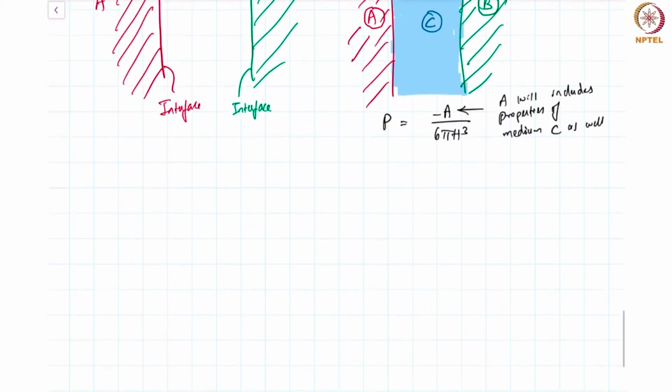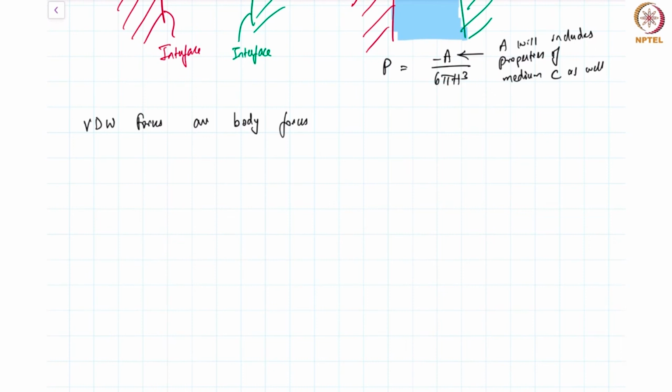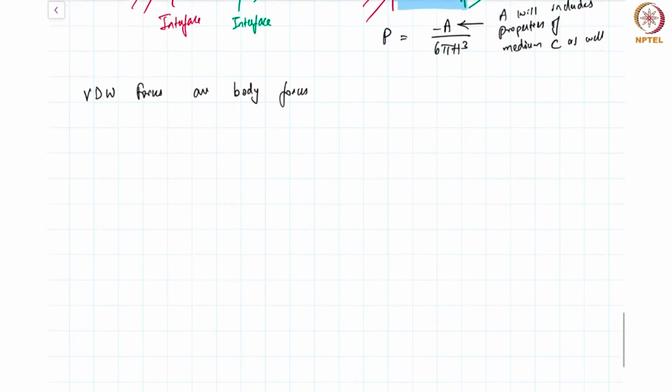Okay, so van der Waals forces are body forces. But at the same time, these forces appear when we have interfaces, and therefore this allows us to basically make a simplification. So what do I mean by the simplification? There are two approaches to incorporate van der Waals force into our equations.